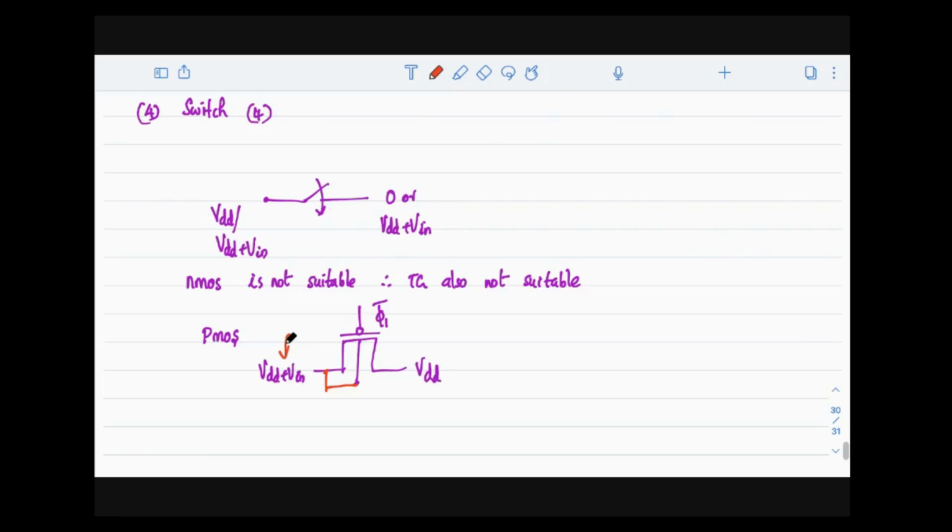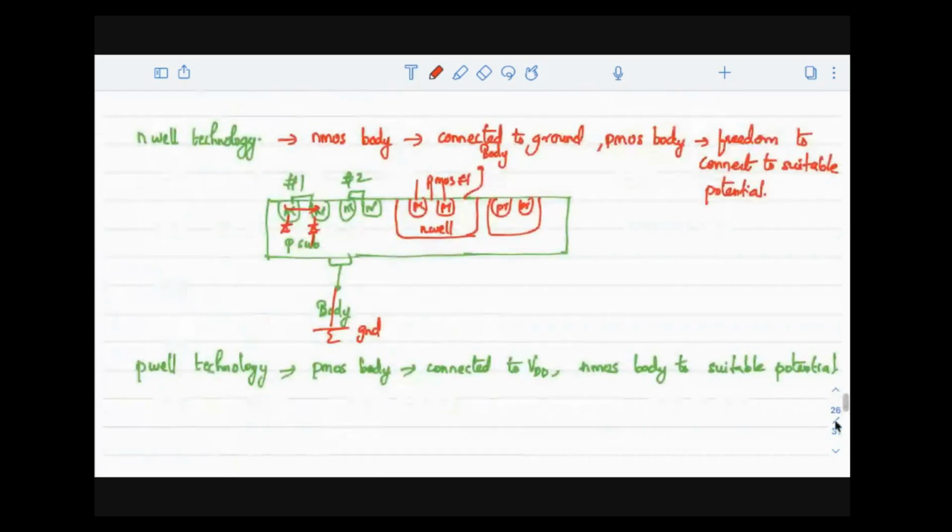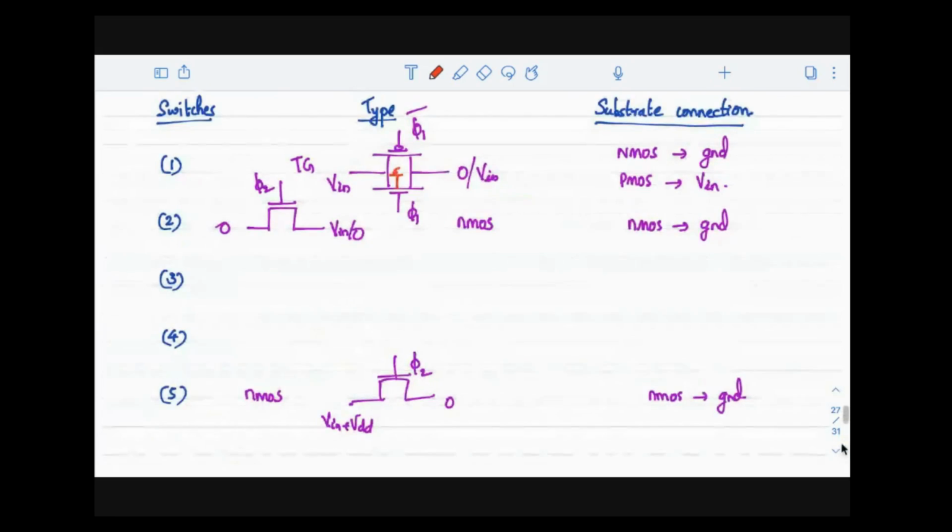Is that clear? So what we are looking at is transistor number 4. I hope it is clear. Now, moving on to the last switch, let me just write that here.